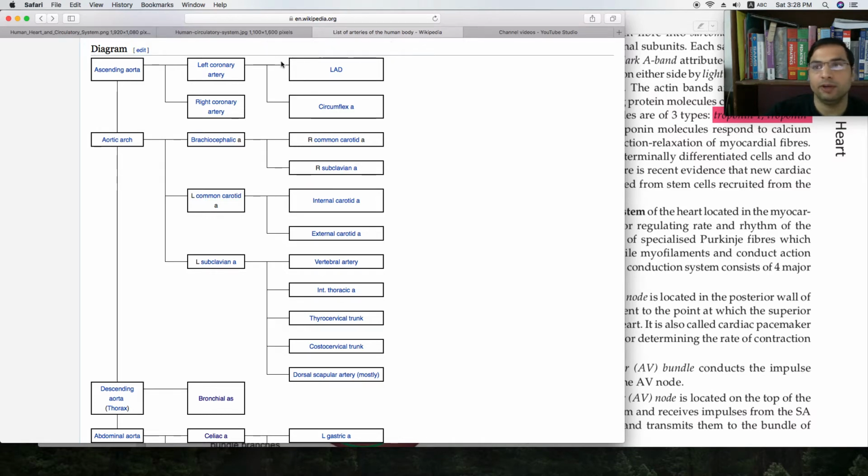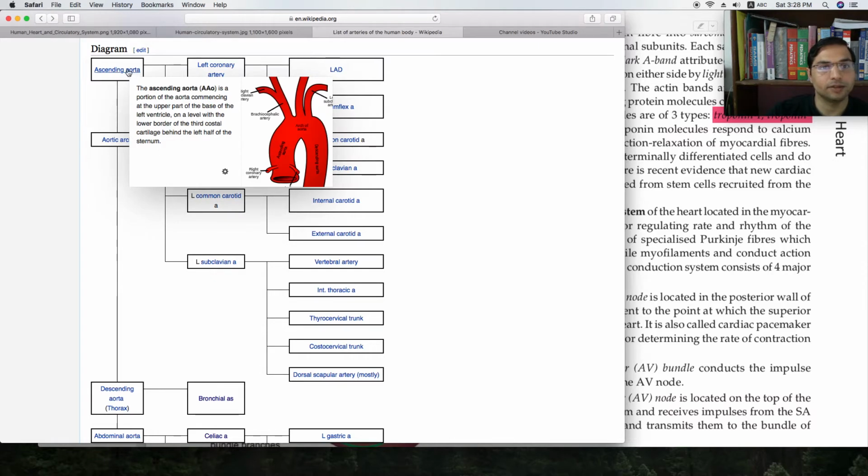So after left ventricle, the first blood vessel to appear is ascending aorta, right? You can see this ascending aorta here. This ascending aorta is the first blood vessel to appear, and this ascending aorta gives the branches.